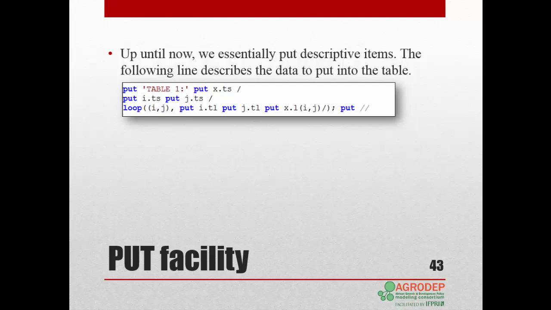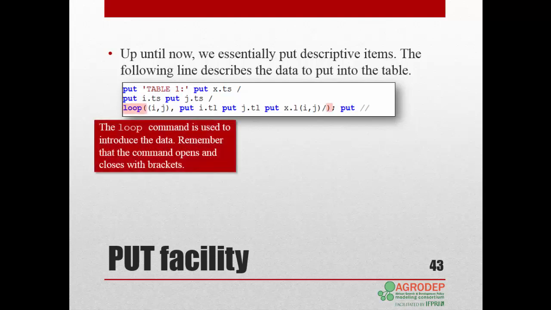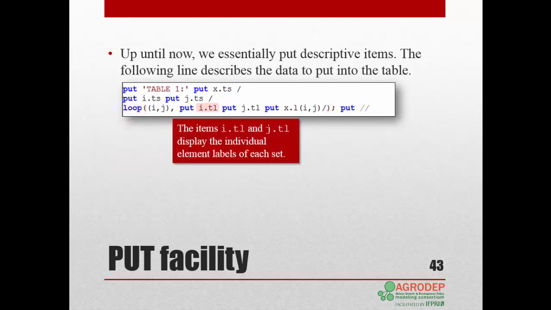Following the descriptive items, we next want to write a table of our model results. We use the loop command to write the data since we will perform the same task various times. Remember that the loop command opens and closes with parentheses or brackets and ends with a semicolon. So at each iteration, the suffix .tl added to the sets i and j displays the set labels.